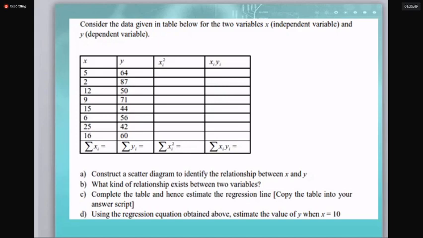We draw the scatter diagram and find out the relationship, whether it is positive or negative.